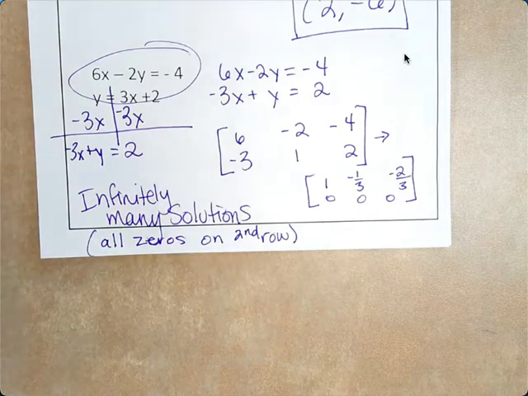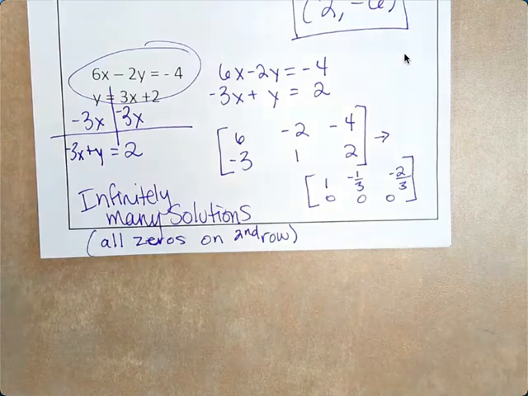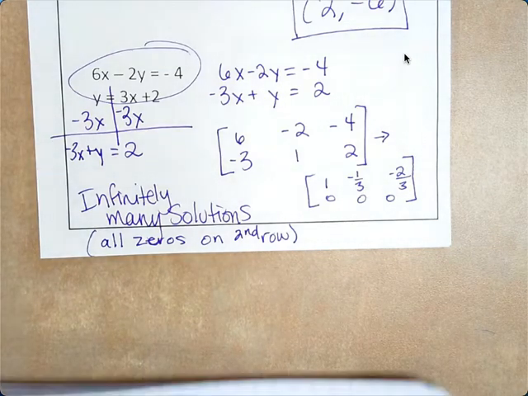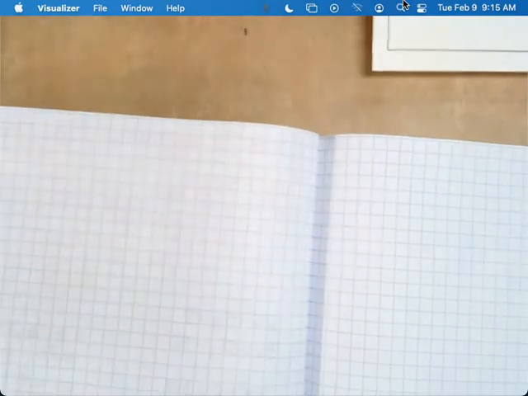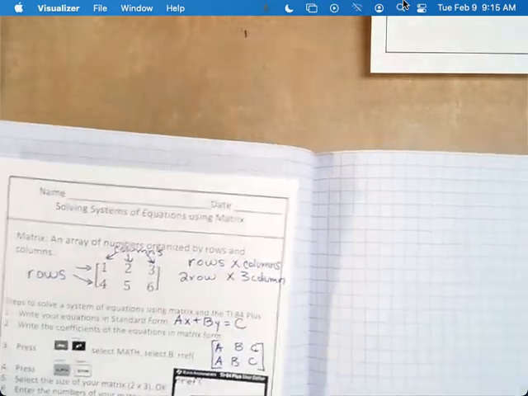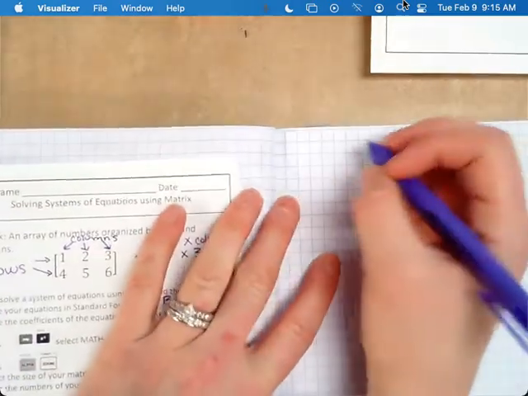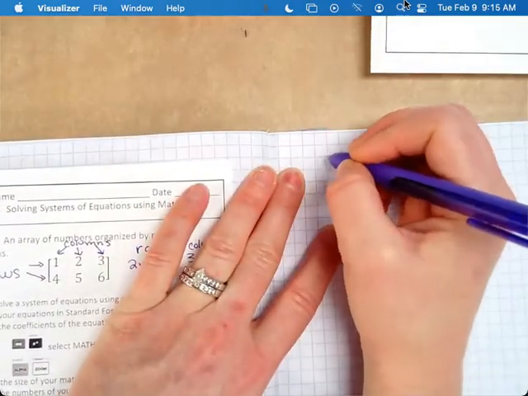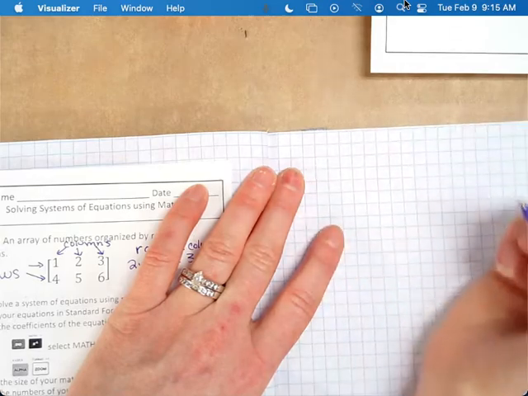Okay, get out your journal because I want to do one more example because you need to know what it looks like whenever it's a no solution. So this is going to go in my journal on the left side. On the right side, I'm going to write, what if we have parallel lines?